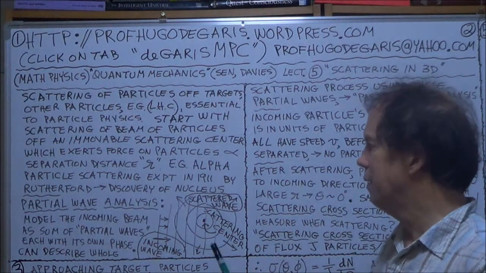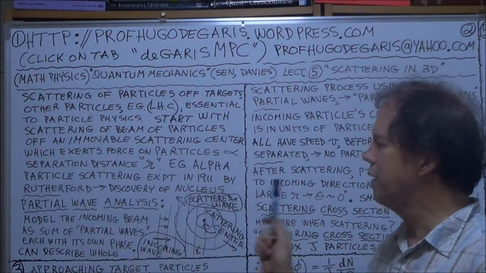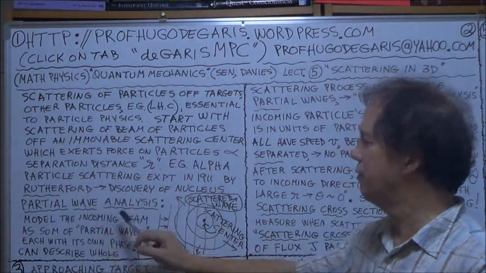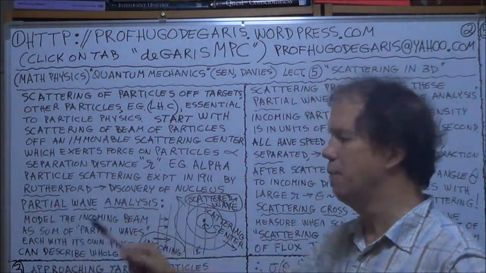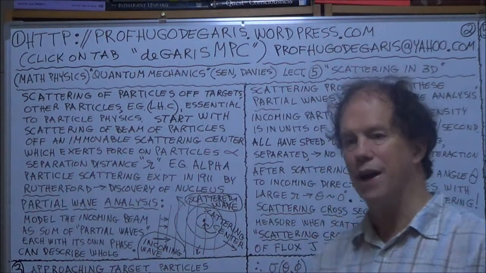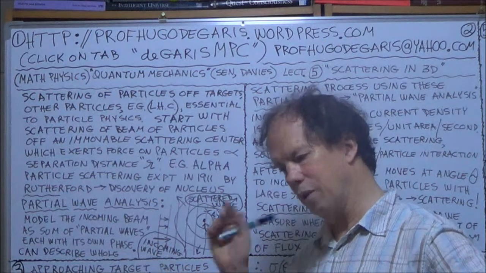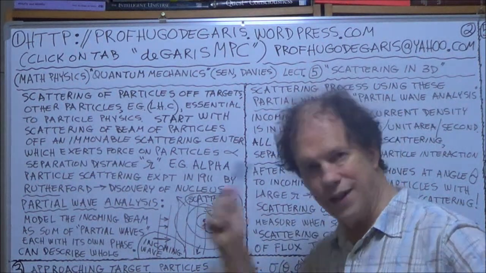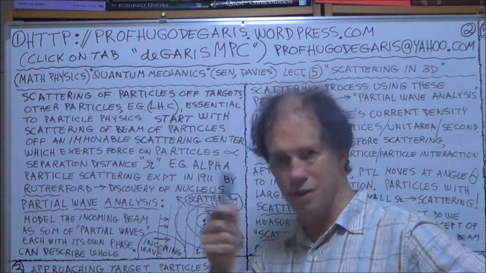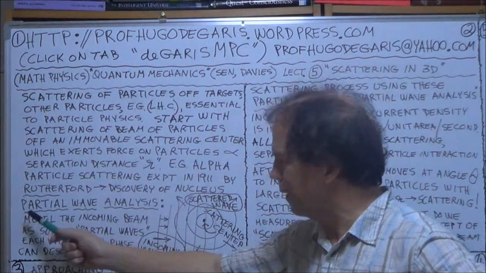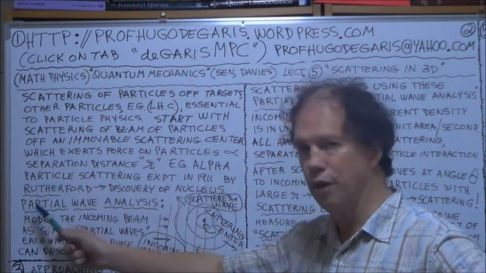So that major discovery was found by using scattering techniques. Now, when we get to the math, we will use something called partial wave analysis. You may ask, why partial? Why isn't it full? I won't explain that at the moment, because you need to understand a few more concepts, particularly cross-section. Let's put that off for the moment.